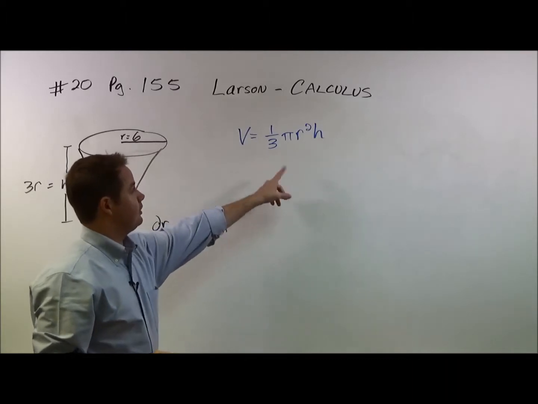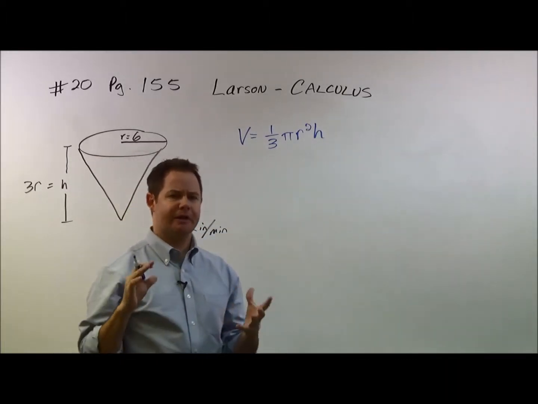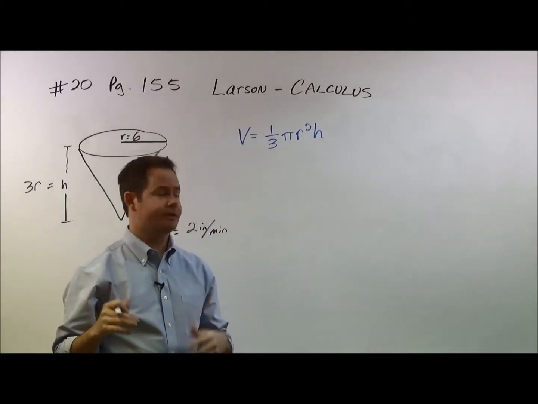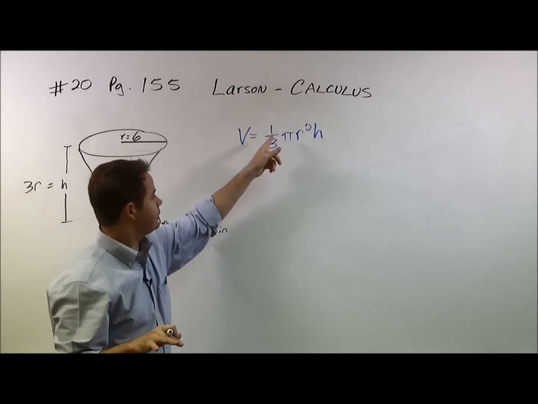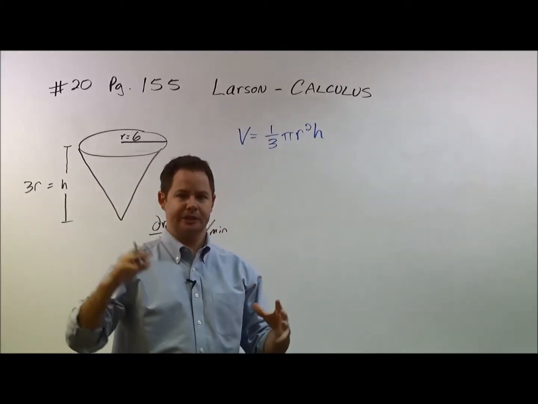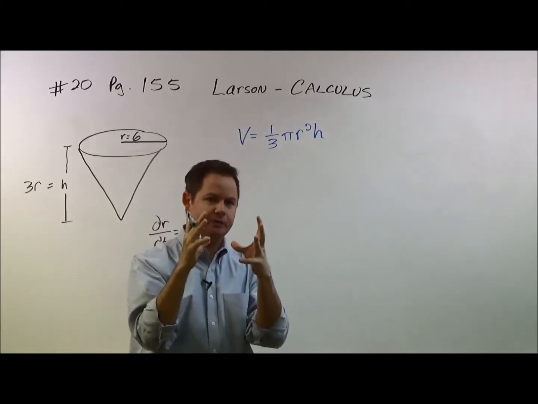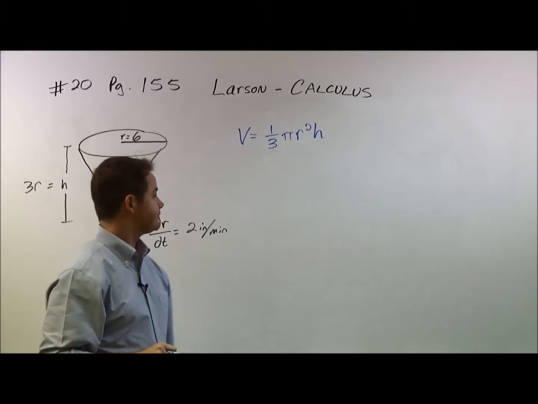A lot of times, I like to relate a cone and a cylinder to each other. A cylinder has a volume of pi r squared h, so a cone is just 1/3 of that. If you can picture taking a cylinder and arranging 3 cones to fill that cylinder up, it's a good way to memorize those two equations.